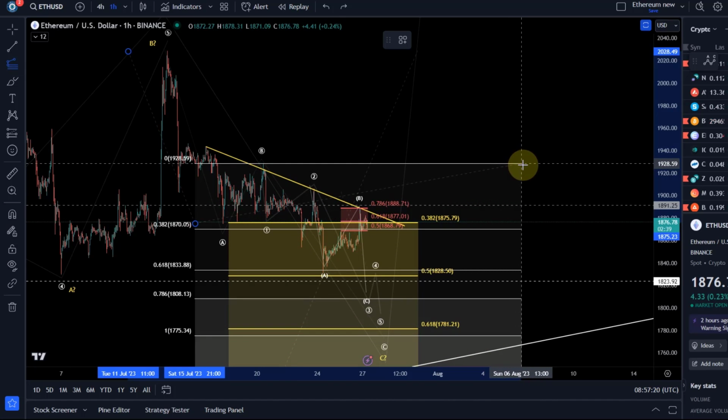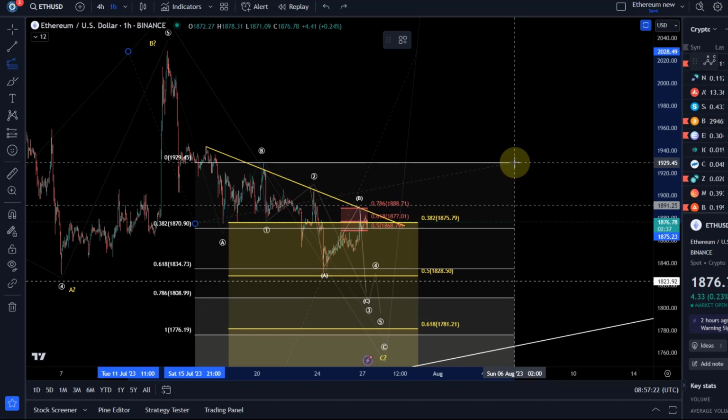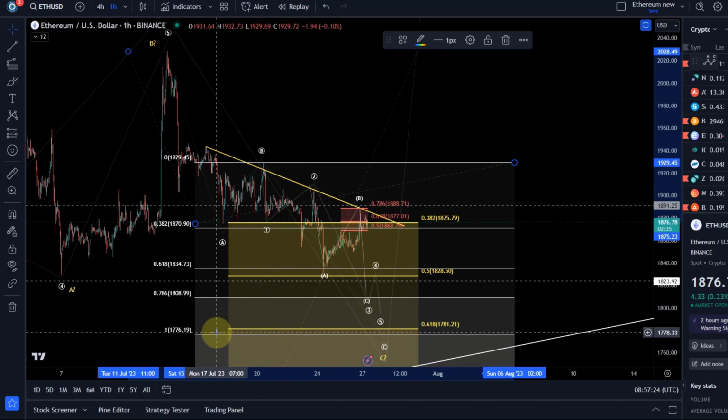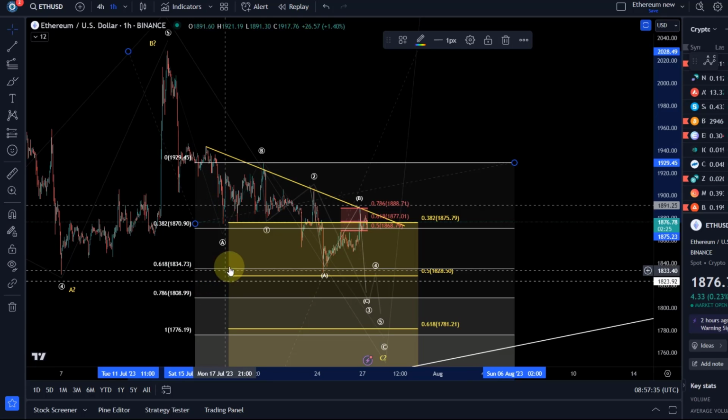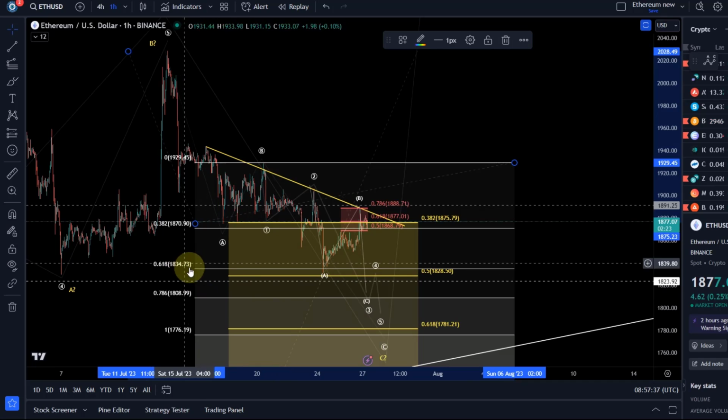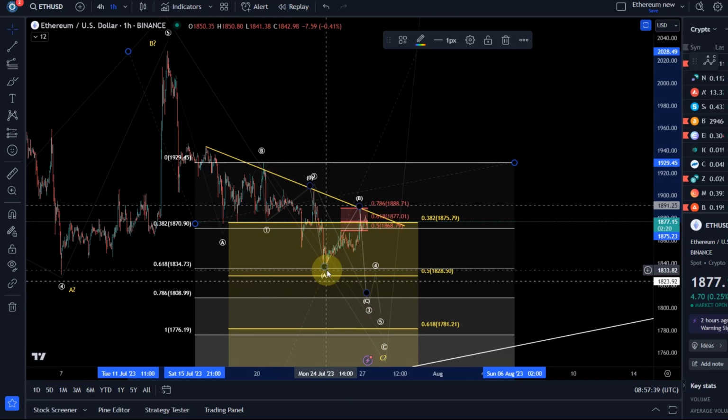That would take us down to 1776. But the 61.8 extension of A and C, which is the very first target, is not a very common one, but it is the very first target. That's at 1834, and that's what the price reacted to here on the 24th of July.